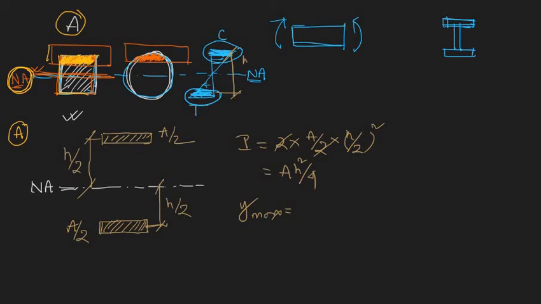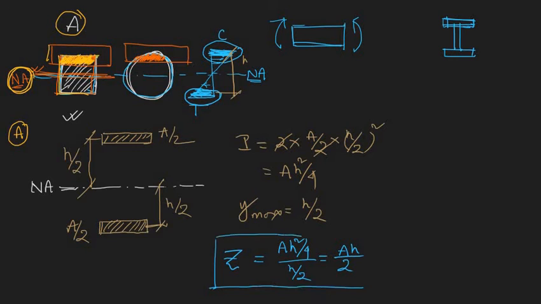Y max here is h by 2. So Z for this ideal condition is A h squared by 4 divided by h by 2, which gives us A h by 2. This is the ideal case where the section can be most economical for any given cross-sectional area.